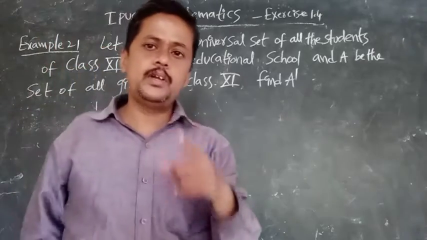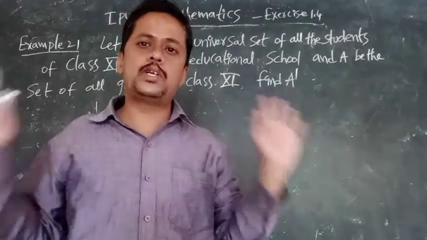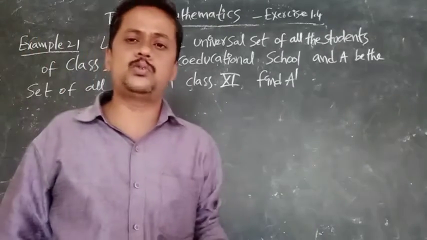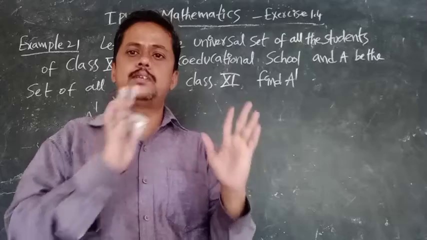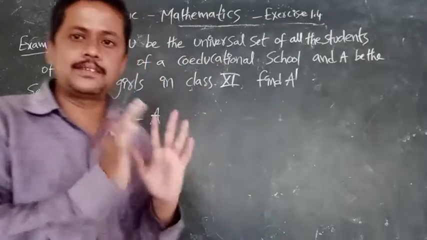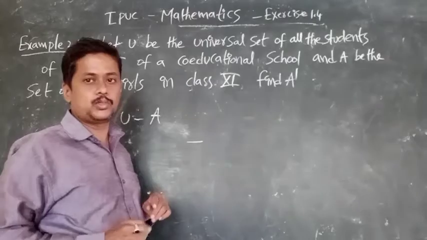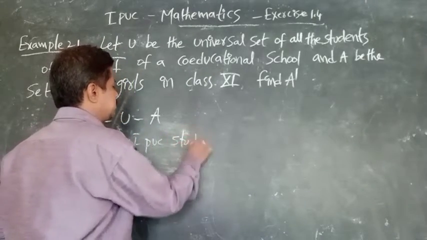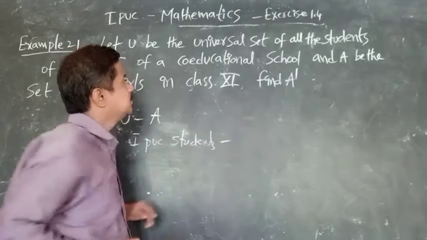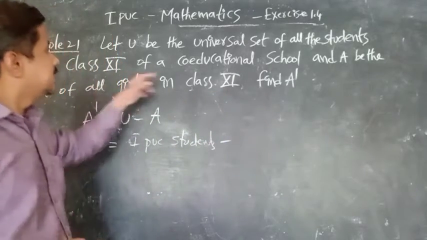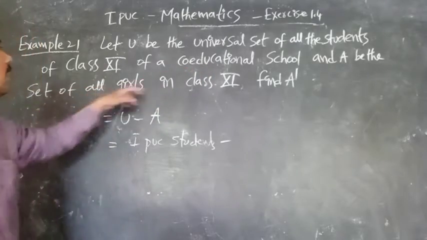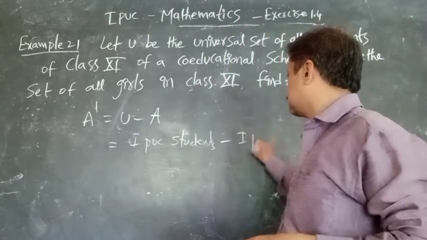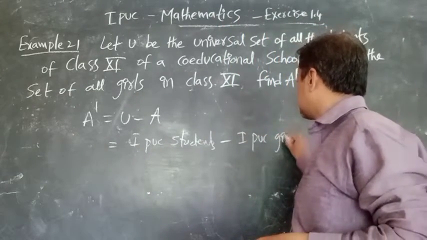So the set of all students in first PUC minus A. What is A here? A is the set of all girls in the first PUC.